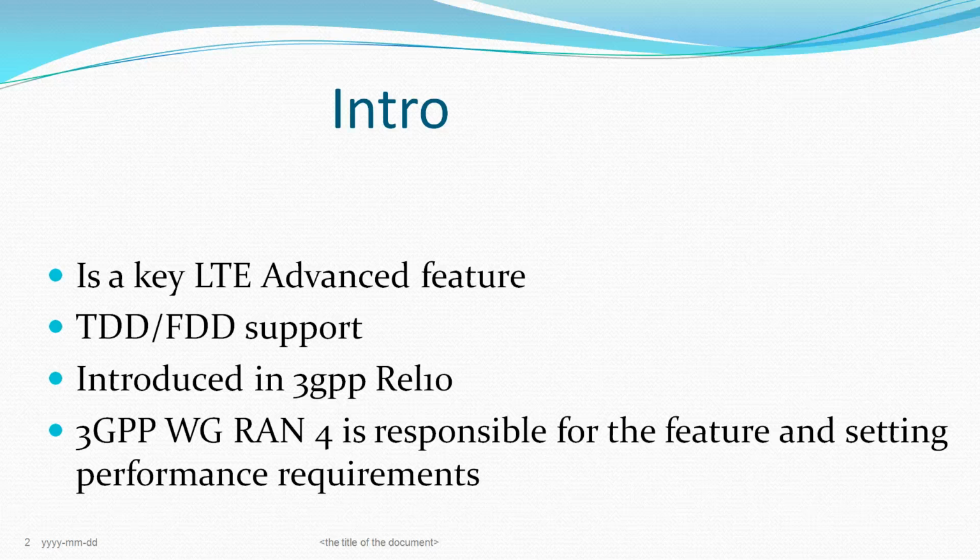It was first introduced in release 10 of the 3GPP specs. CA is developed, and all the feature and settings performance requirements are done by a 3GPP working group called Radio Access Network 4.